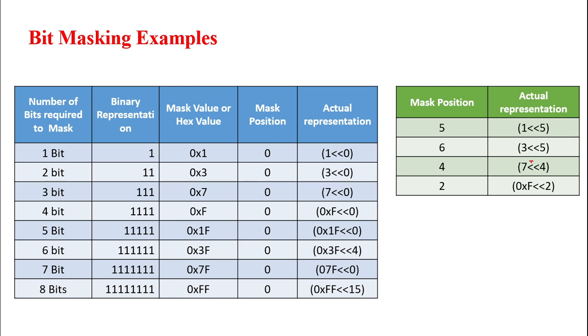In the same use case, observe in this column I have made my positions 0, but in the second example, you can try to understand, I made my mask position 5. So this is 1-bit masking, this is 2-bit masking, this is 3-bit masking, and this is 4-bit masking.